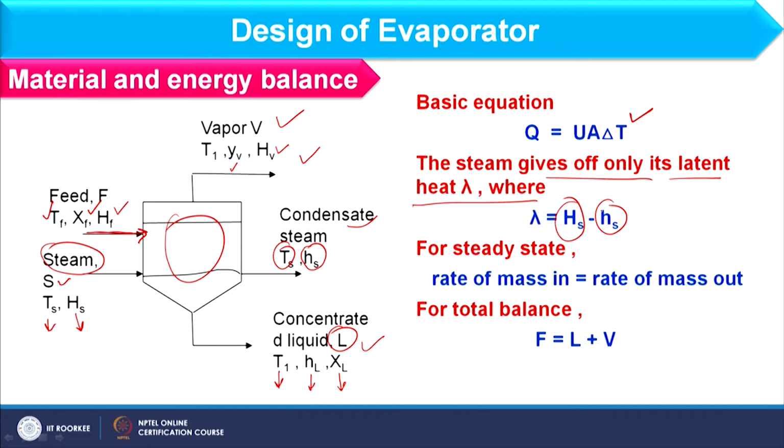Now if I ask you why the enthalpy of vapor contains latent heat as well as sensible heat, the answer lies in how this vapor is generated. Let us say I speak about steam: how is the steam generated? The steam is generated using water, and usually water is available at room temperature. When we have to generate the steam, it is initially preheated up to the desired temperature. Let us say I consider 1 atmosphere pressure, so the boiling point at that pressure is 100.